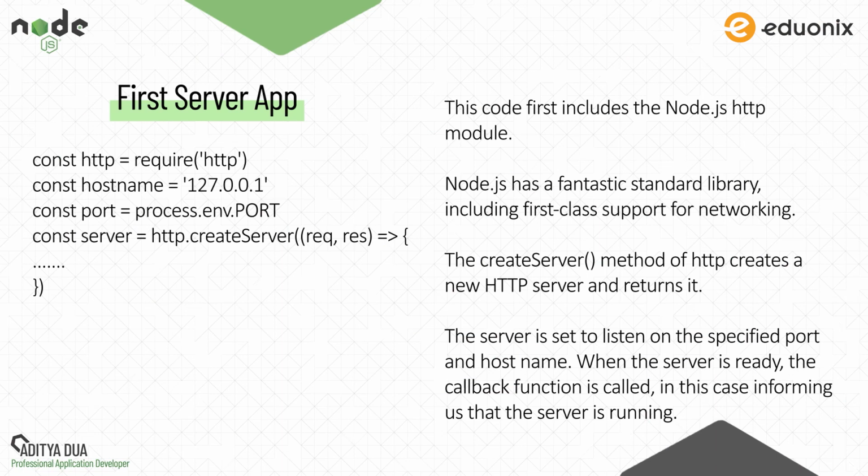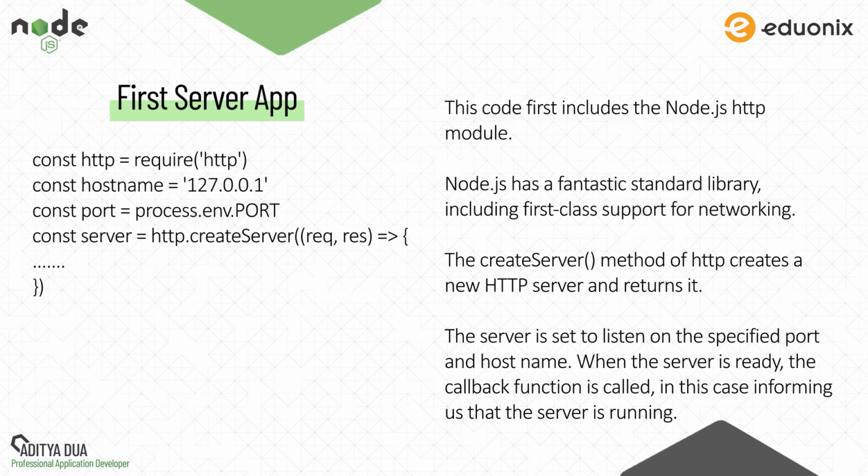So what it says is the first part of the code is to include the HTTP module. So what is the HTTP module? It's a library which is used for networking.